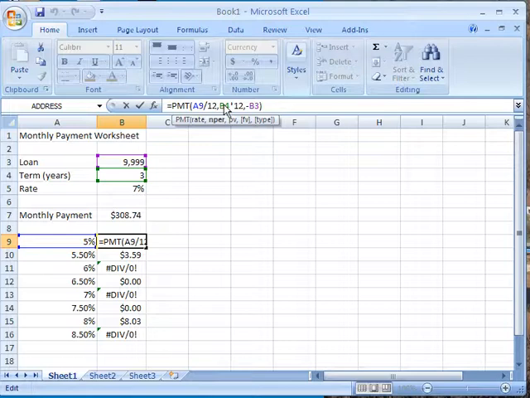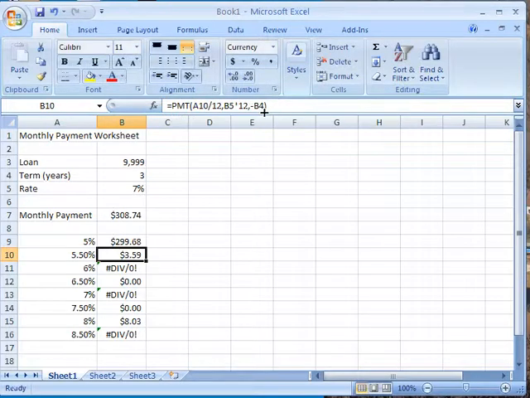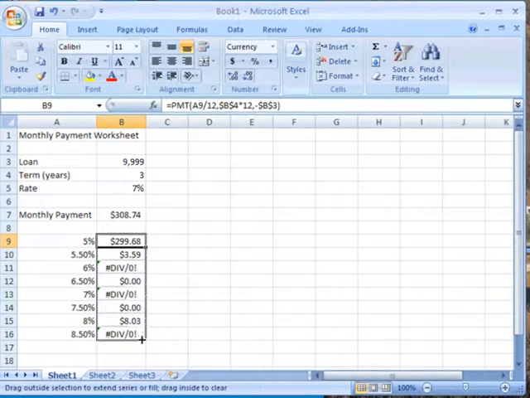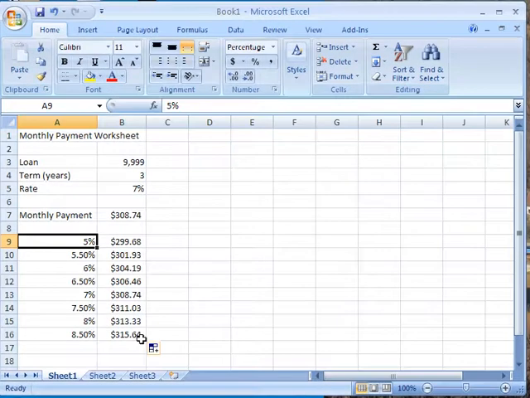You can press function key F4 and it will type in the dollar signs for you. So both the B4 and the B3 need to be locked down. So take a look at that formula. And when we copy it down, we get much more rational results.